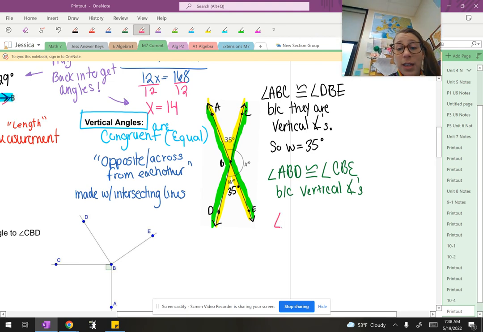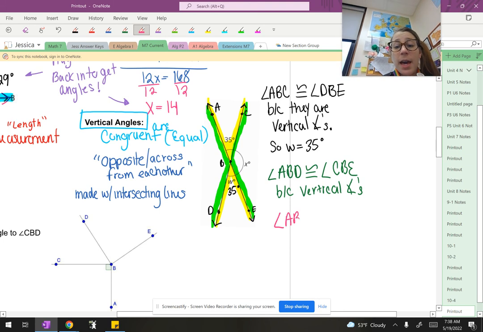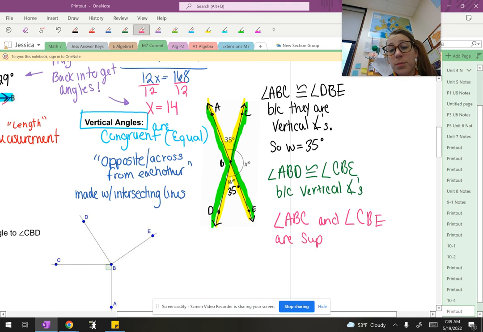So actually, angle AC, just kidding, the vertex has to be in the middle. Angle ABC and angle CBE are supplementary, meaning they equal 180.